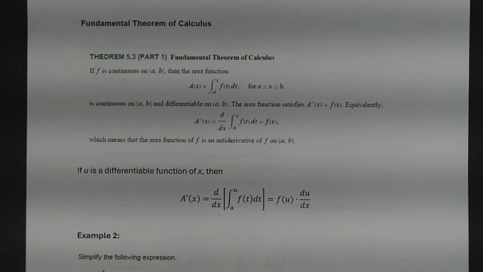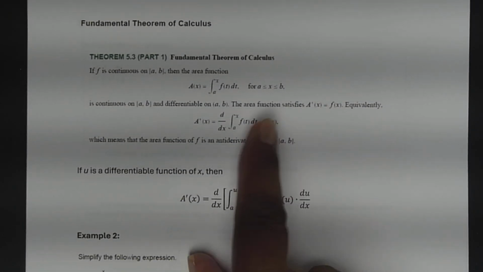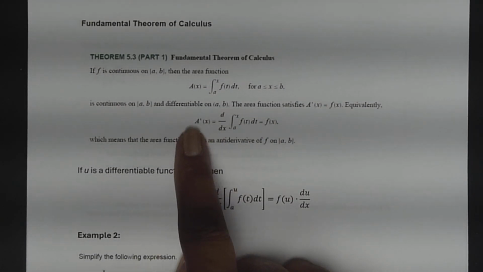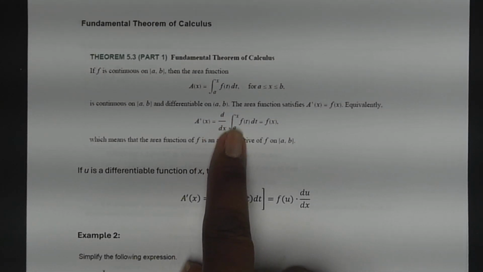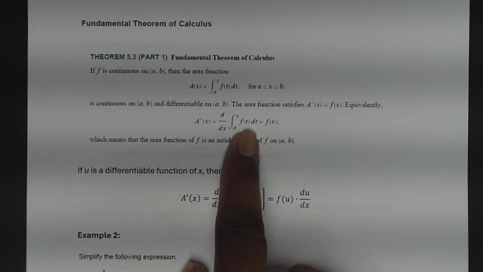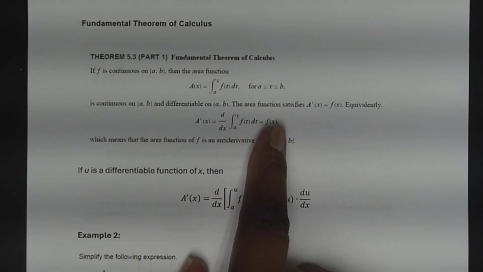The area function satisfies A prime of x equaling f of x. So equivalently, A prime of x will be this: the derivative with respect to x of the integral from a to x of f of t dt equaling f of x.